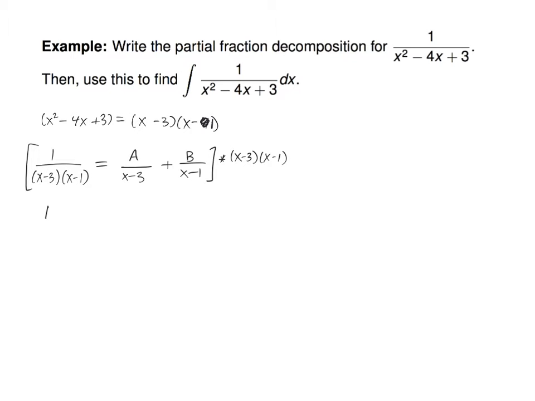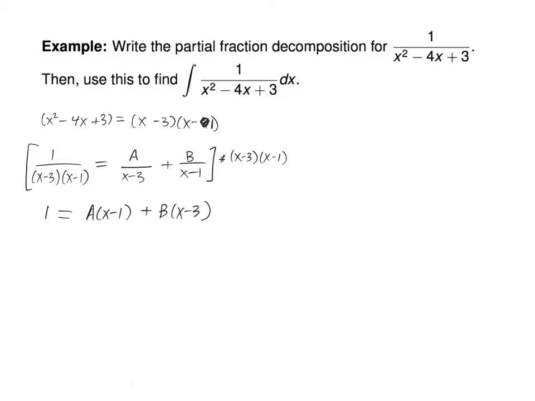On the right, when that distributes to the a, you get a times quantity x minus 1. Do you guys agree with that? And when it distributes to the next piece, you get b times quantity x minus 3.